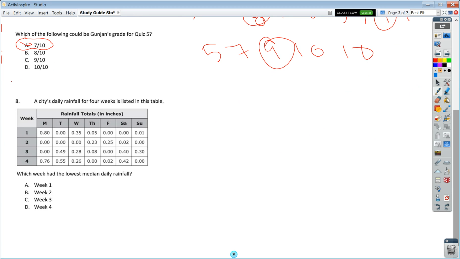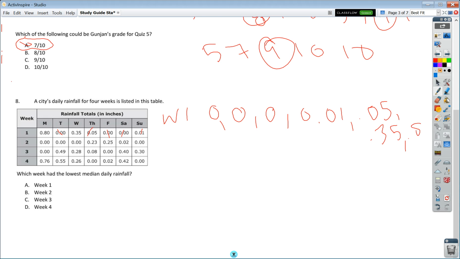The city's daily rainfall for 4 weeks is listed in the table. Which week had the lowest median daily rainfall? So I was asking for the median, which I can order them and put them in the middle. So if I look at week 1, we'll do this in order. I've got 0, 0, 0, 0.01, 0.05, 0.3, 0.35 and 0.80.